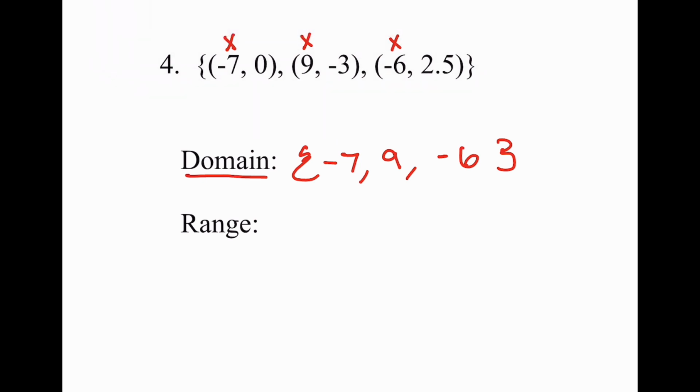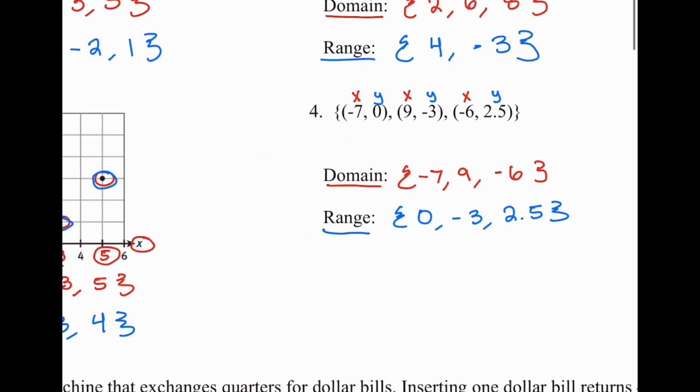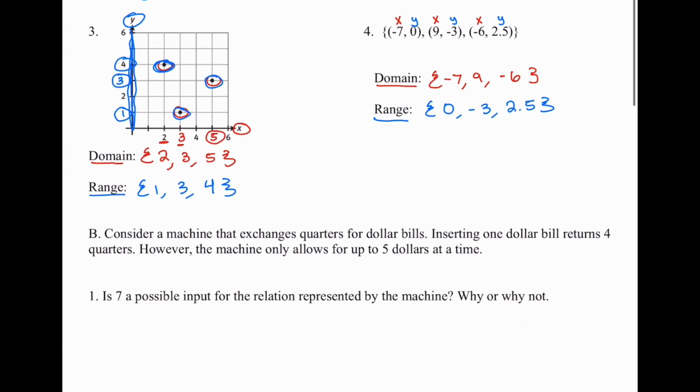That leaves the second numbers, which are my y values, all of my outputs, and that is my range. So 0, -3, and 2.5. I hope that is what you got, and let's move on to something a little bit more challenging.